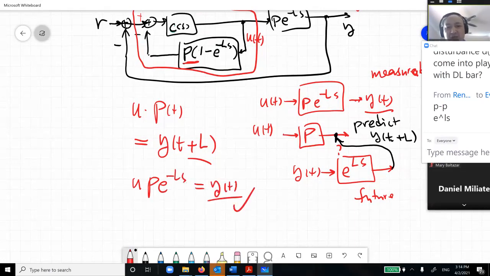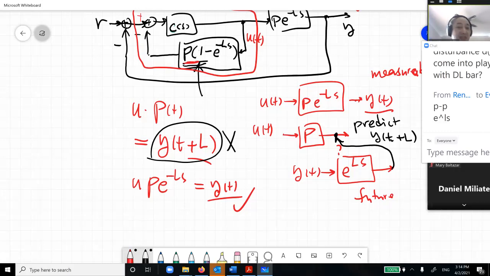You can get this one by measuring, but you cannot get this one, okay? So this is a prediction. You put it this way because you know the plant, you know this one. So it's implied in here, there's a prediction here. That's why it's called Smith predictor controller architecture.